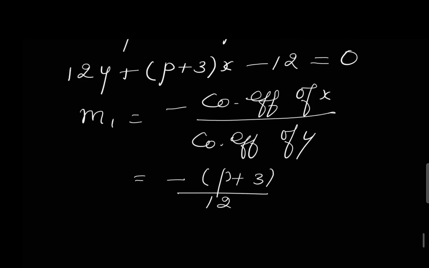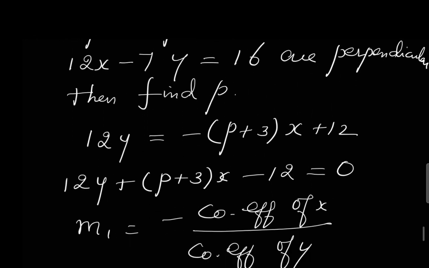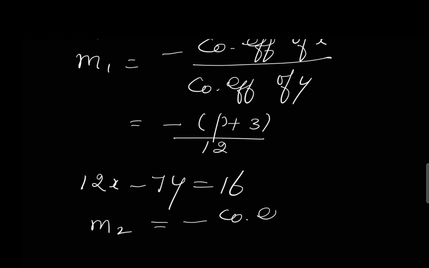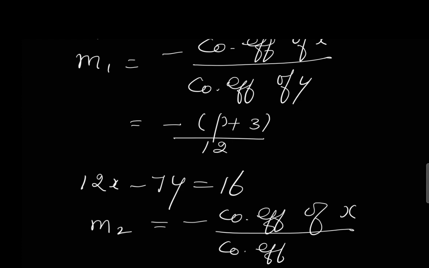Write the second equation: 12x minus 7y is equal to 16. So m2 is minus coefficient of x divided by coefficient of y.